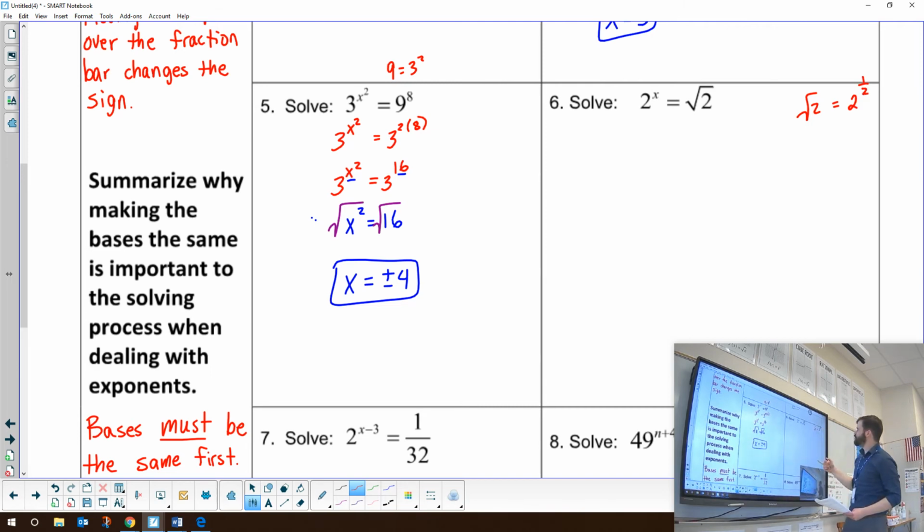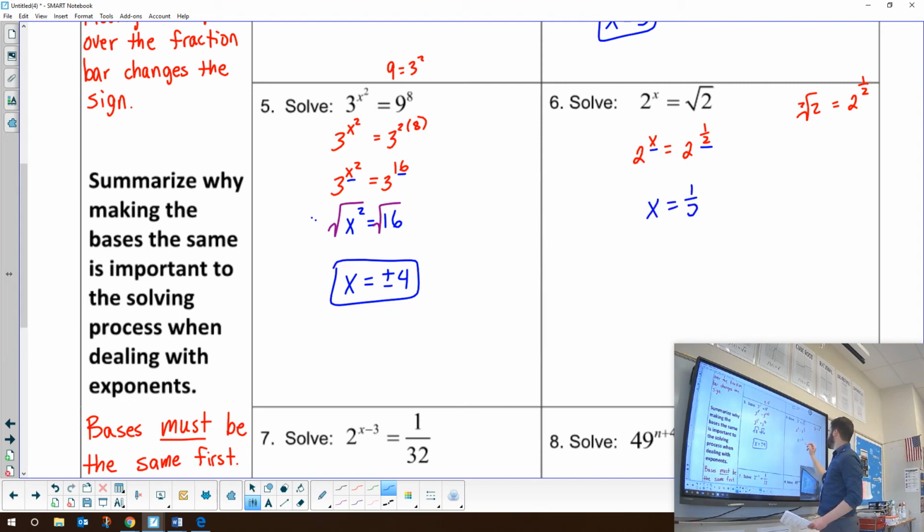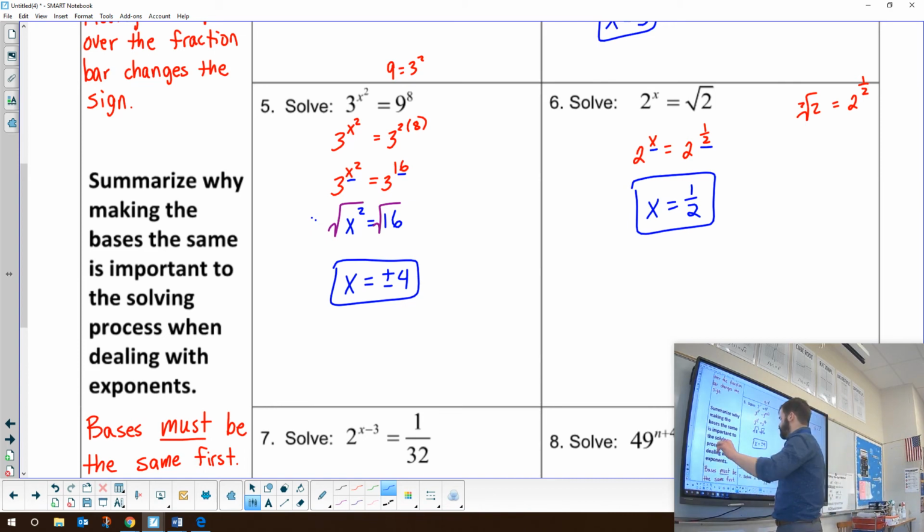The reason that is, remember, a square root has a little index of 2, and we are raising it to the power over the index. So I can rewrite that square root of 2 as 2 to the 1/2. Then just set my exponents equal to each other, and we just get x equals 1/2, and bing, bang, boom, that's our answer for number 6.